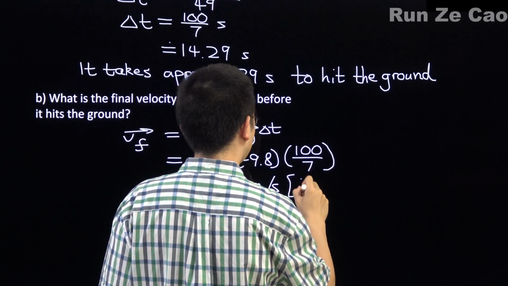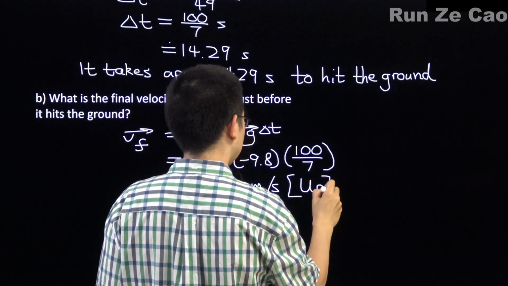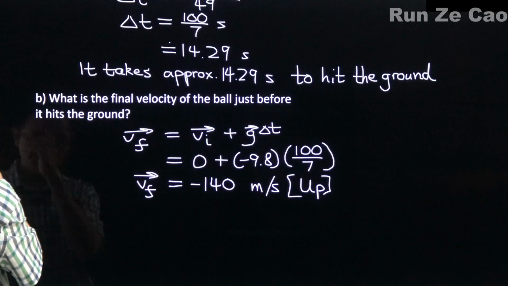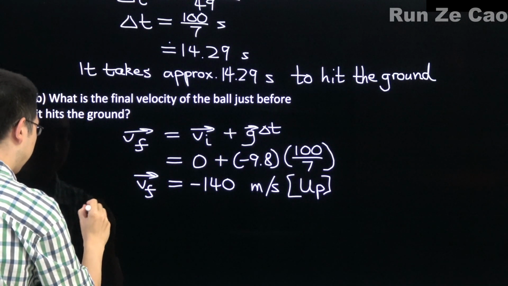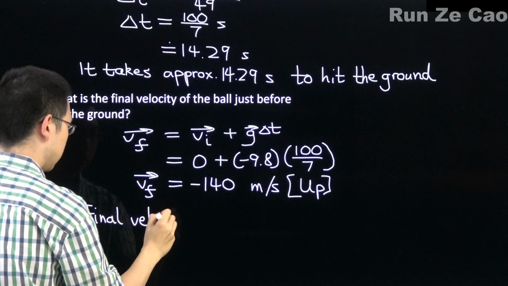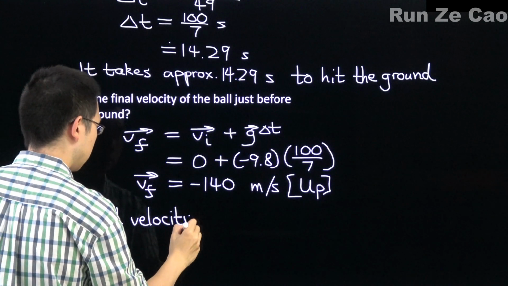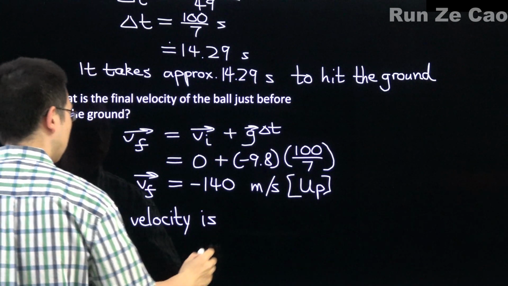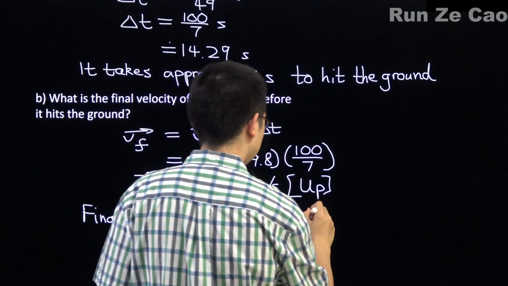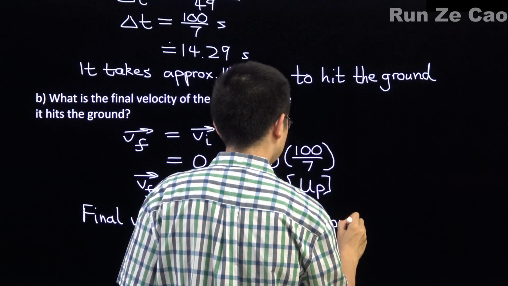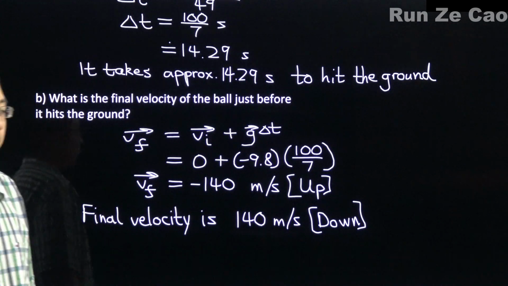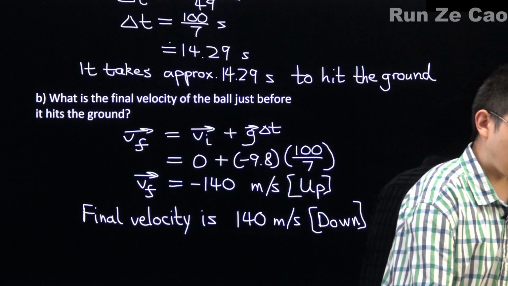So the final velocity is 140 meters per second down. Notice the change to give a positive number, because positive numbers are often more practical to use in everyday life.